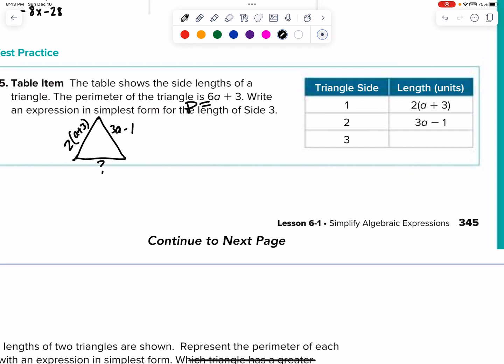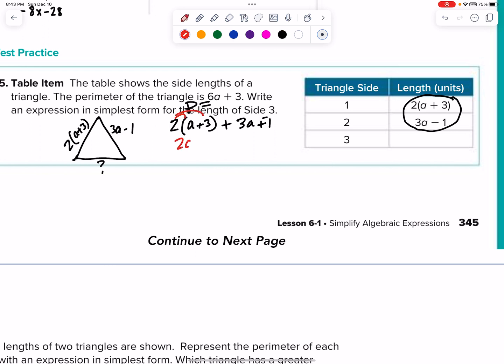You don't know what the last side is, but they are giving you the total perimeter. So you're going to want to join these together to see how much more you need to make the perimeter. At this point, we have 2 times (a plus 3) for that side, plus 3a minus 1 for the other side. I'm going to KFC that right away. We have to distribute first.